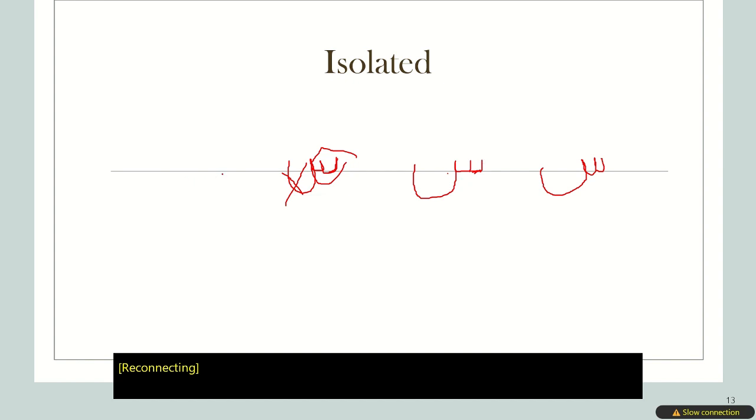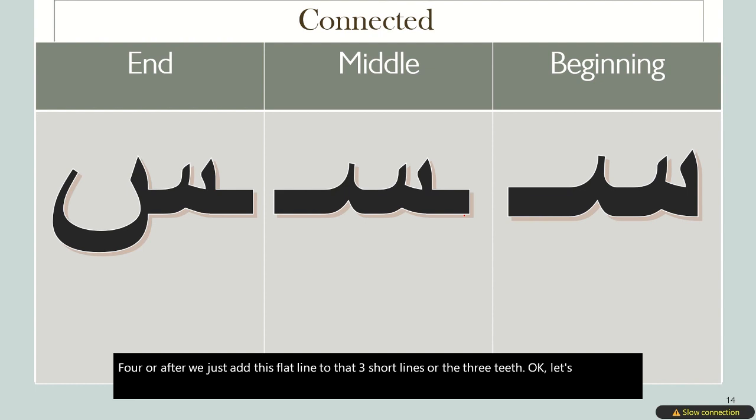Okay, and of course, if you still remember, to connect Arabic letters together, we use a flat horizontal line. So to connect it, before or after, we just add this flat line to the 3 short lines or the 3 teeth. Okay, let's repeat.